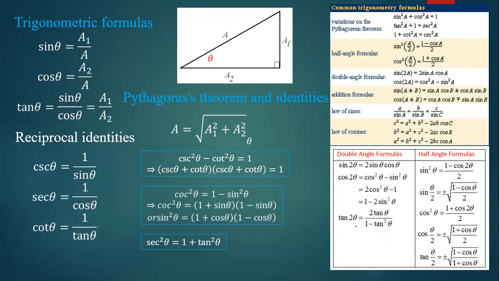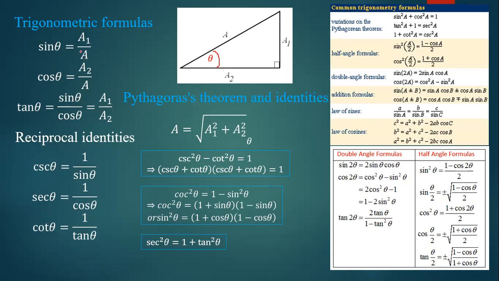Okay. The next important part is trigonometry. So we use some trigonometric relations, for example, for some right angle triangle, we take sides A1 and A2 having an angle of theta.